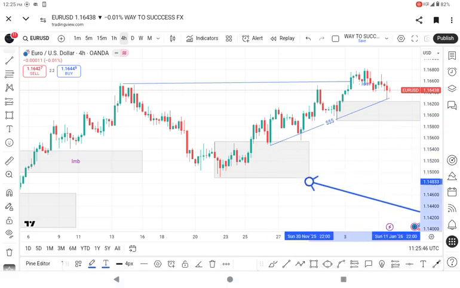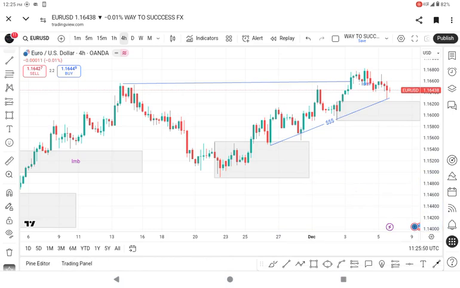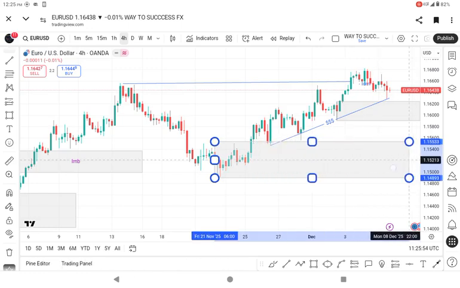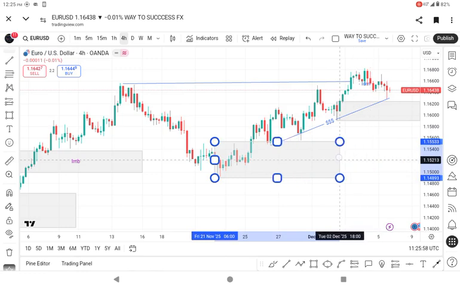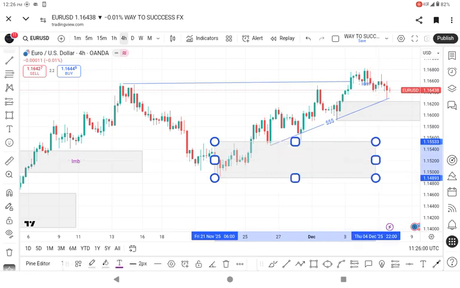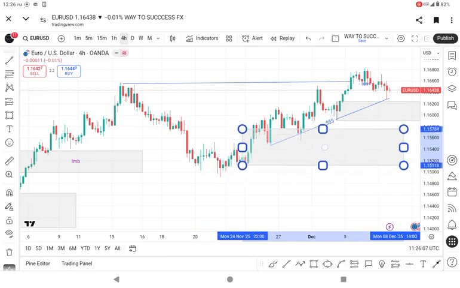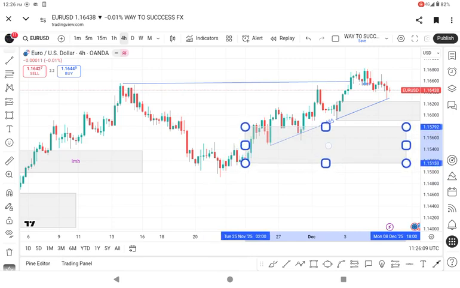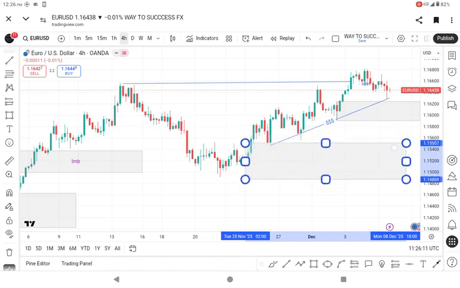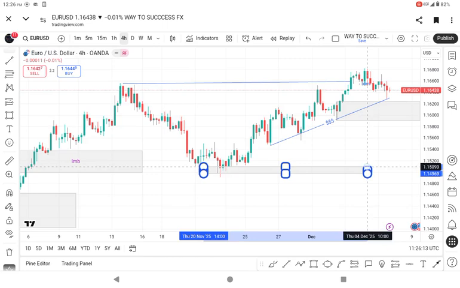So where is my zone where I'll be looking for a continuation buy on Euro USD? You already know that this is my H4 daily order flow, which is my daily POI after inducement. Daily inducement has been taken out. So in refinement of that daily zone, I have another block with proper imbalance here.